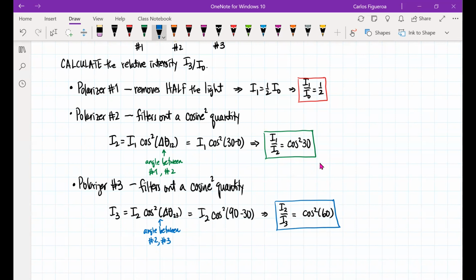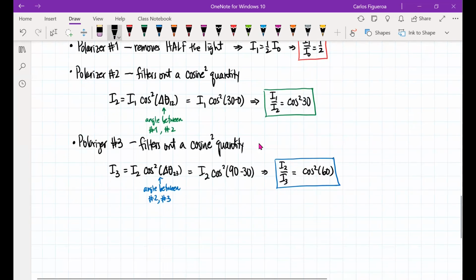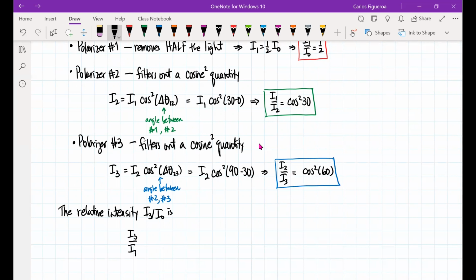So now I can put these all together. The relative intensity I3 versus I0 is then going to be this. It goes through the first filter, which gives you a factor of 1/2.